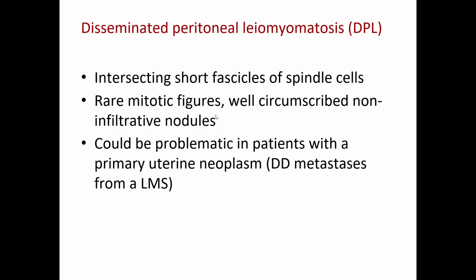You know how in leiomyoma you are used to long fibers going right and left in every direction. In this particular entity, the fibers are short. And you may find rare mitosis, but these are usually well circumscribed, non-infiltrative nodules. And you will see them outside the uterus.